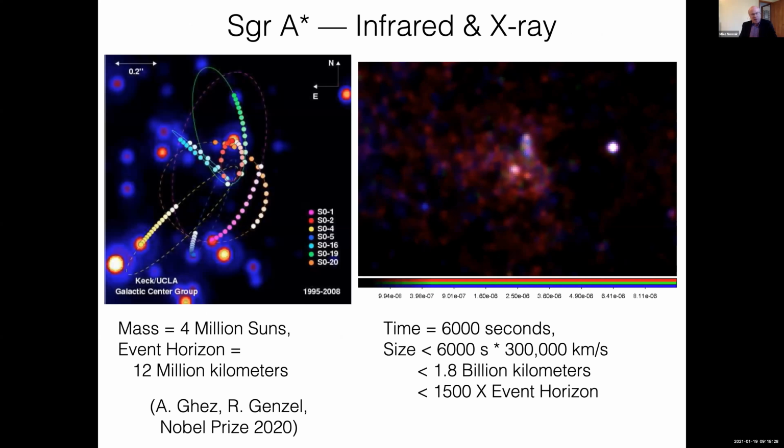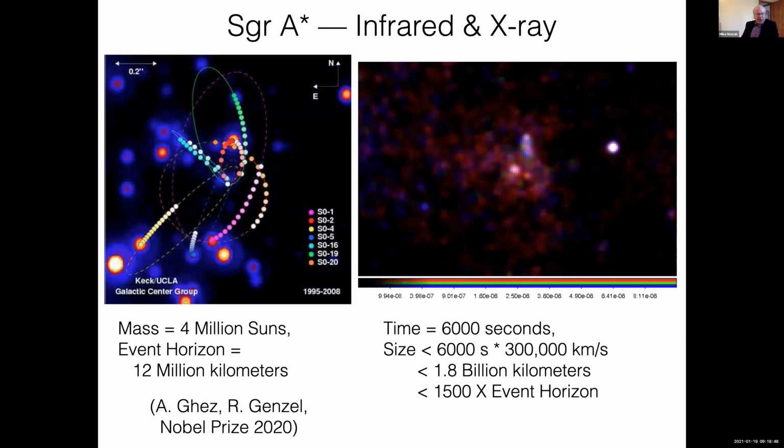You probably heard a lot about Sagittarius A* recently, especially with the recent Nobel Prize awarded to Andrea Ghez and Reinhard Genzel for measurements of the mass and effectively some constraints on the size of Sagittarius A* in the center of our galaxy.